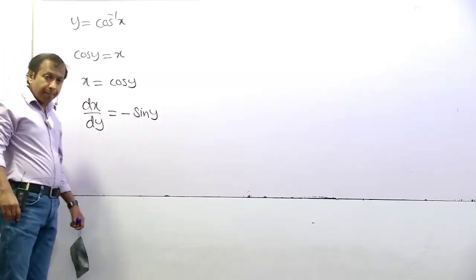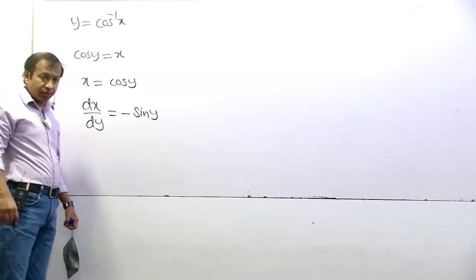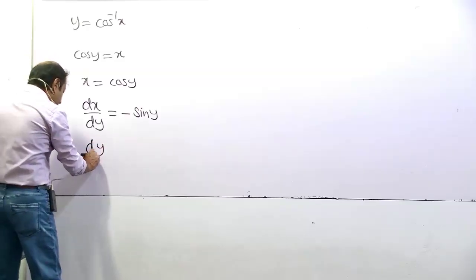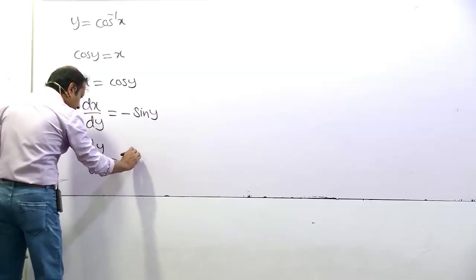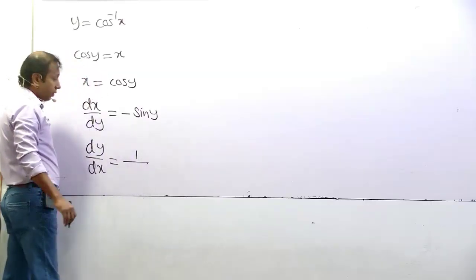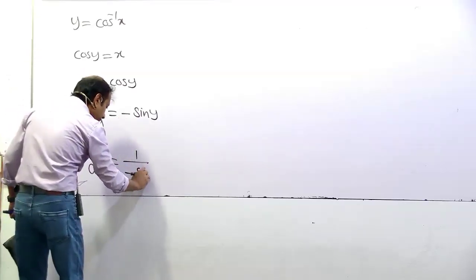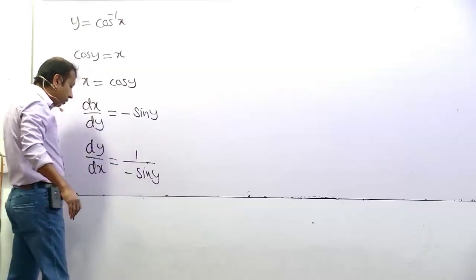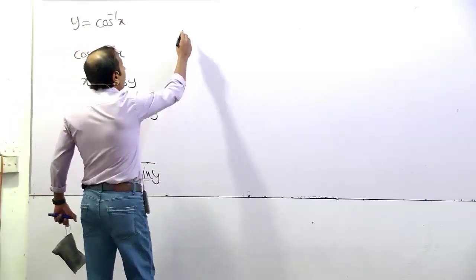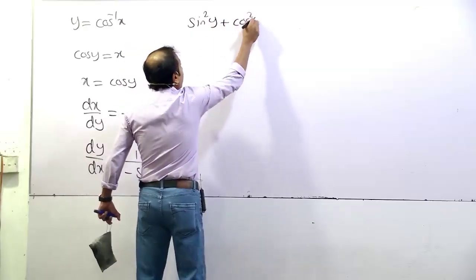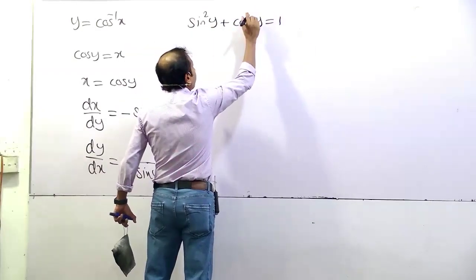But what we need is dy over dx. What we have is dx over dy. Therefore, we can write dy over dx as 1 over dx over dy. It is minus sin y. Now we have sin squared y plus cos squared y equals 1.